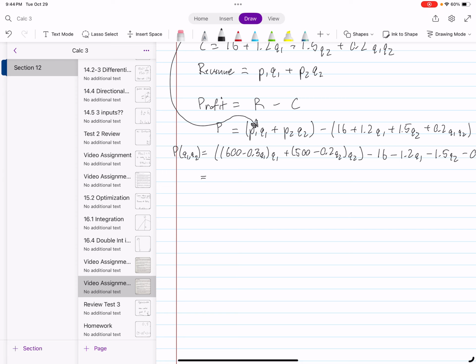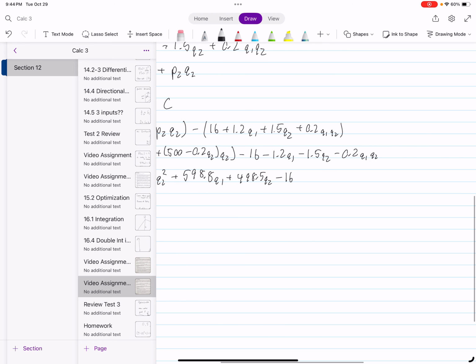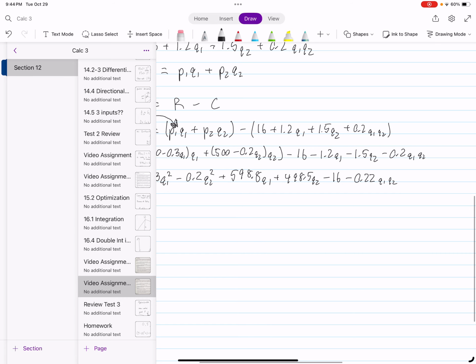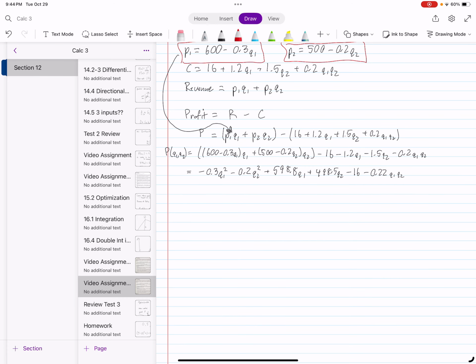But in total, this equation equals negative 0.3 Q1 squared minus 0.2 Q2 squared plus 598.8 Q1 plus 498.5 Q2 minus 16 minus 0.22 Q1 Q2. And this is just distributing this Q1 and this Q2 this way and combining like terms.